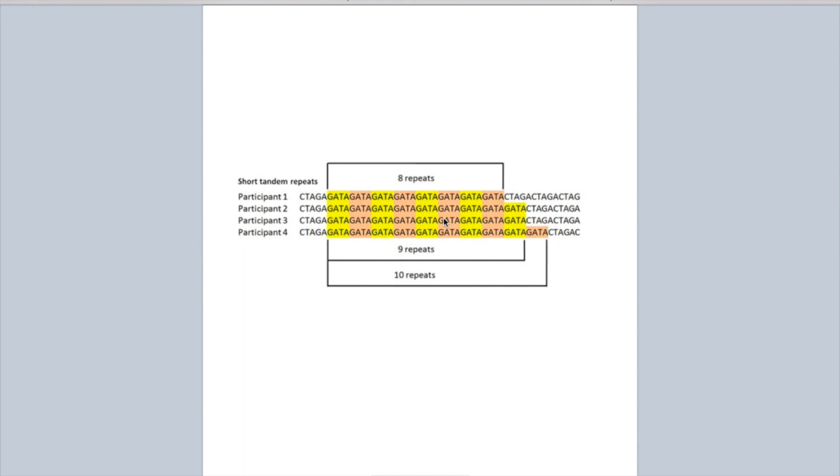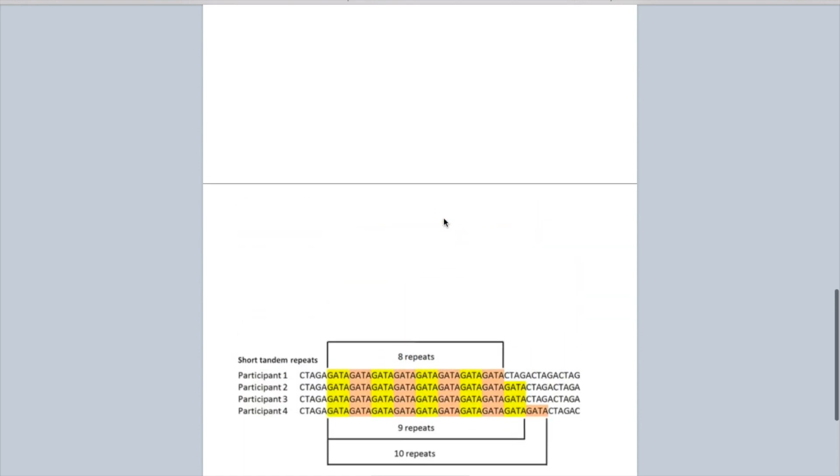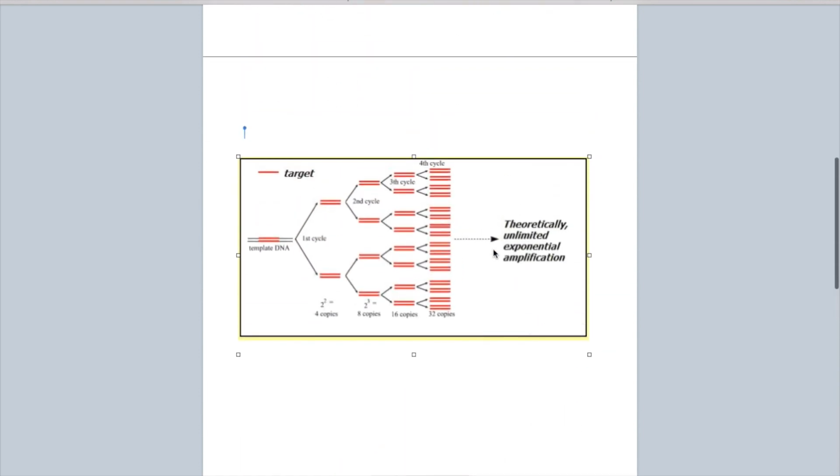Well, what is PCR? PCR is polymerase chain reaction. This is a technique used in labs to make millions of copies of a particular section of DNA, like here. Here we can see that one DNA sample was used to create another, which created another, and therefore many others were created.